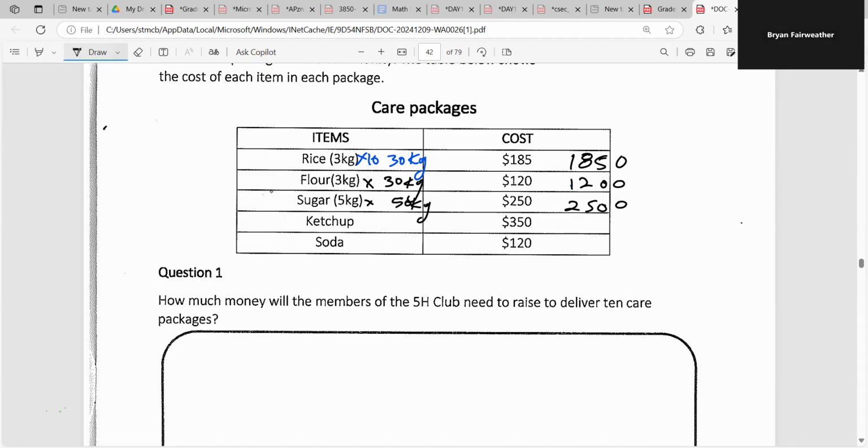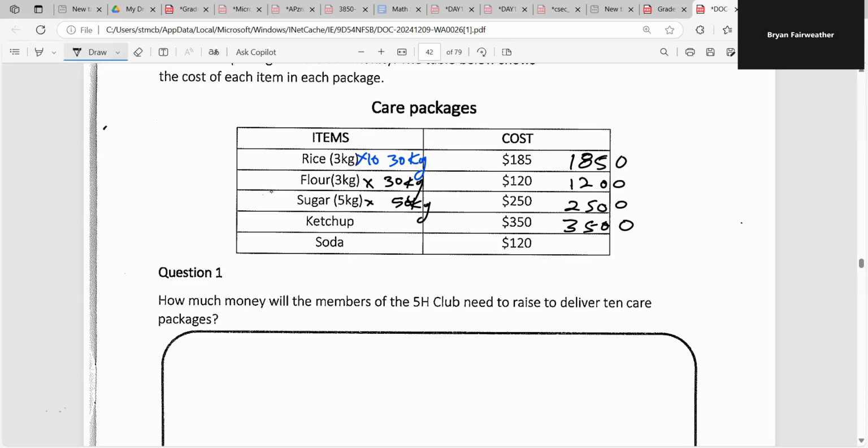And then for the ketchup, it says 350 for one ketchup bottle. So 350 multiplied by 10 would be 3,500. All right. Yeah, man, you can talk, I'm listening. Soda, it says 120 is for one soda. So it says 10 times.